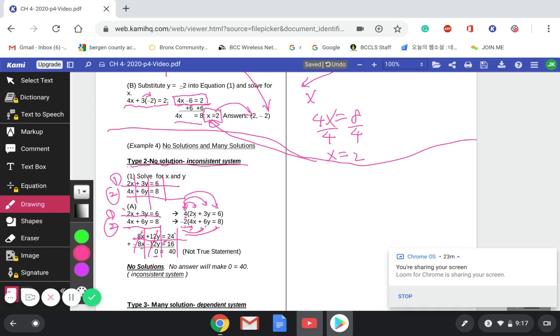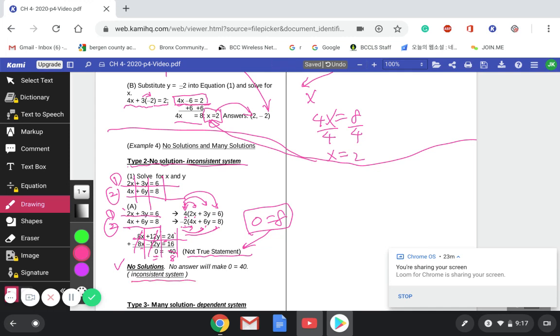So you end up with 0 equals 24 minus 16, which is 8. So here is another boo-boo. 0 equals 8. 0 never equals 8. So it's not a true statement. And there is no way you can have a solution to make 0 equal 8. So no solution. So we call this an inconsistent system.